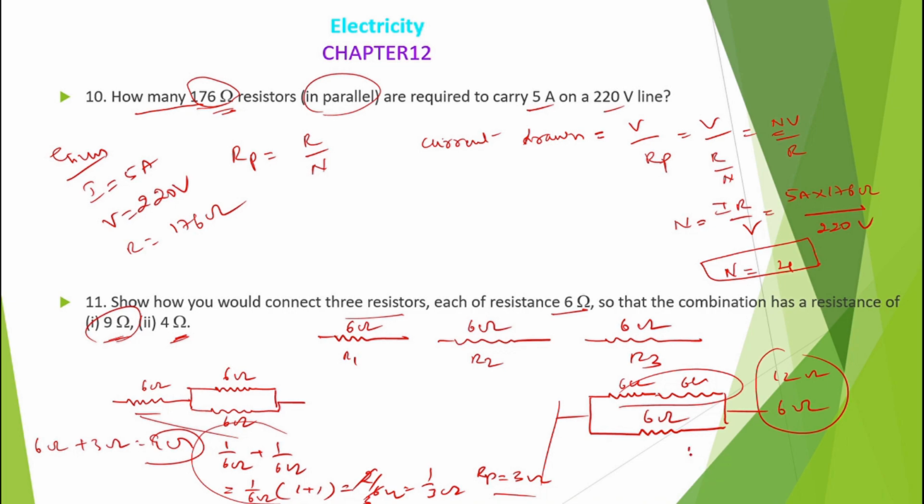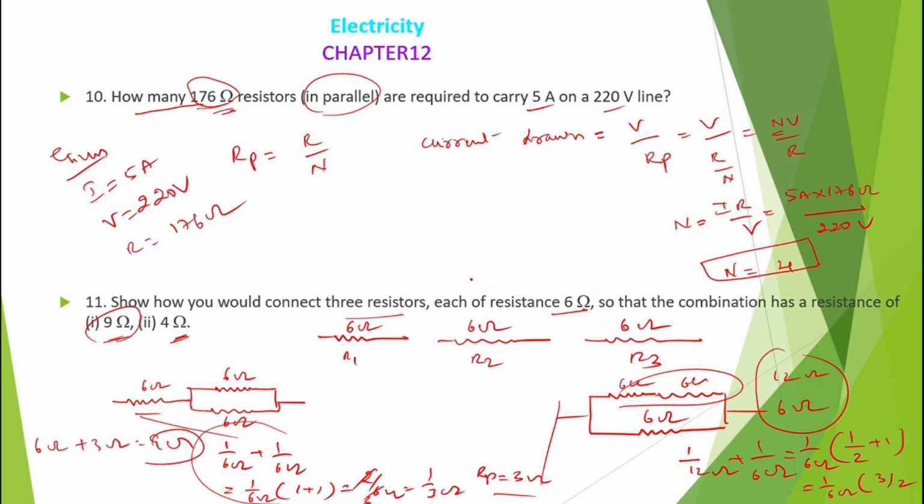So that's why 1 divided by 12 ohm plus 1 divided by 6 ohm. 1 by 6 ohm we take outside, you will get 1 divided by 2 plus 1. So this is equal to 1 by 6 ohm into 3 by 2.